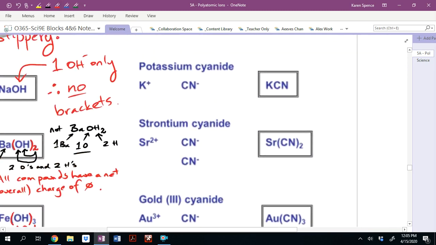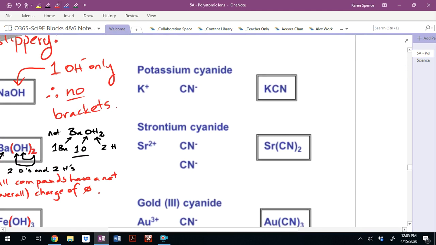Okay. Potassium cyanide. Potassium is +1. CN is -1. So KCN. Only 1 CN minus, therefore no brackets.